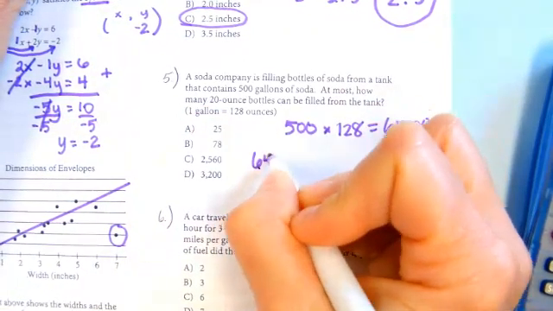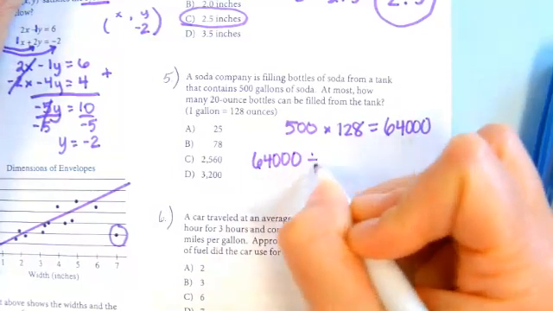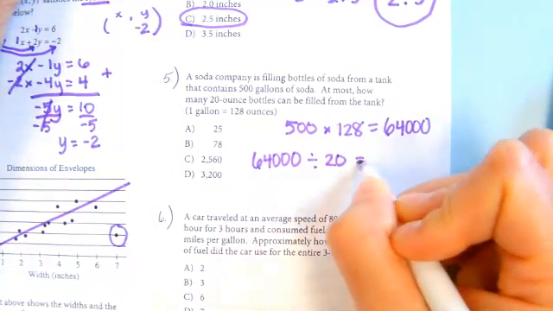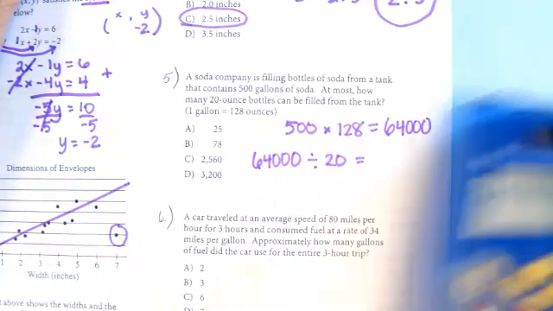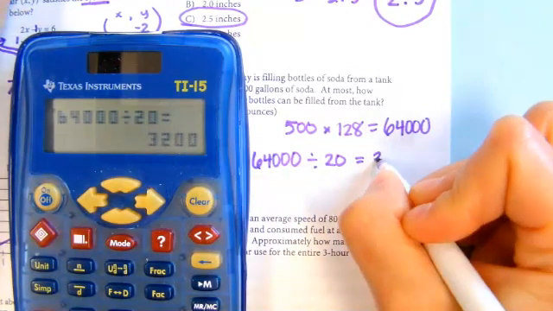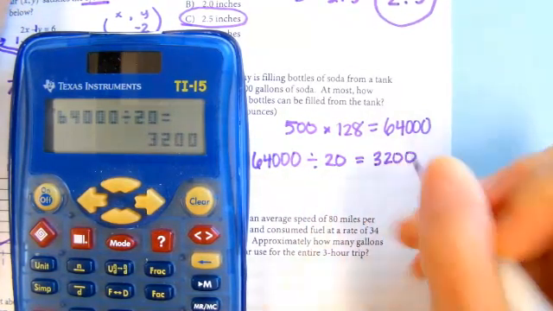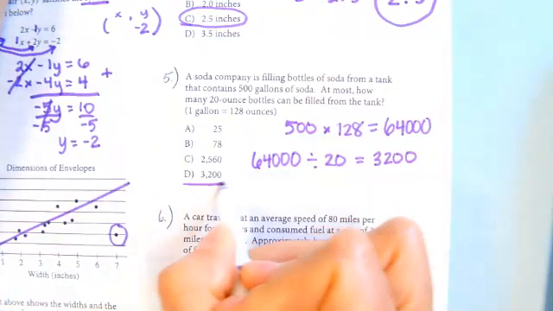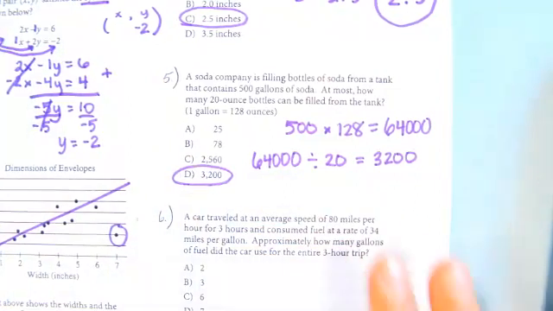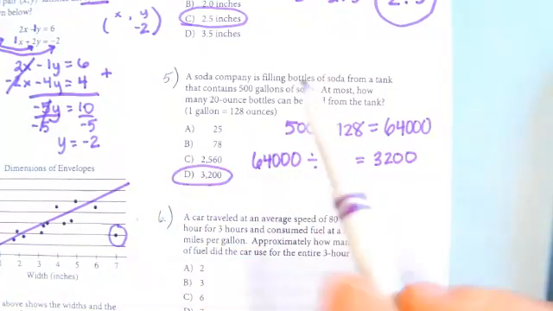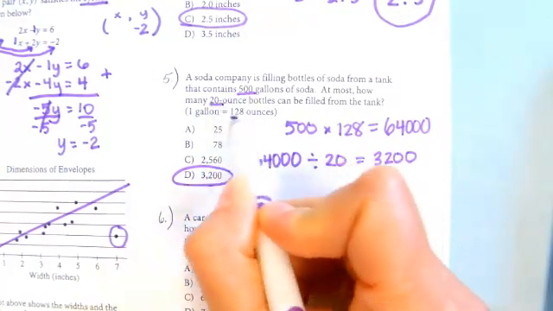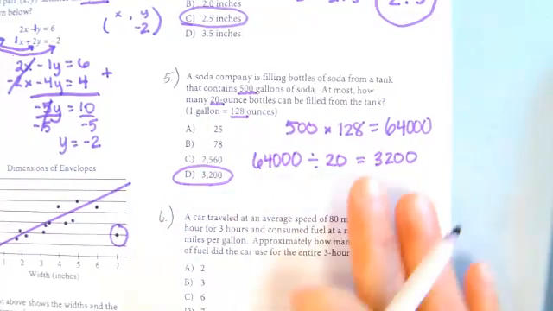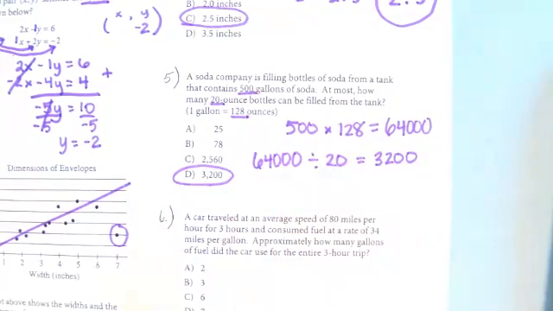So what you want to do is take the 64,000 and divide it by our 20 ounces. Okay. And if you do that, it tells you that we would be able to fill 3,200 bottles, which would be answer choice D. So a lot of these questions that have 3 pieces of information, see, 500 gallons, 20 ounces, 128 ounces, usually they're asking you to do 2 steps. And a lot of times it's multiply and divide.